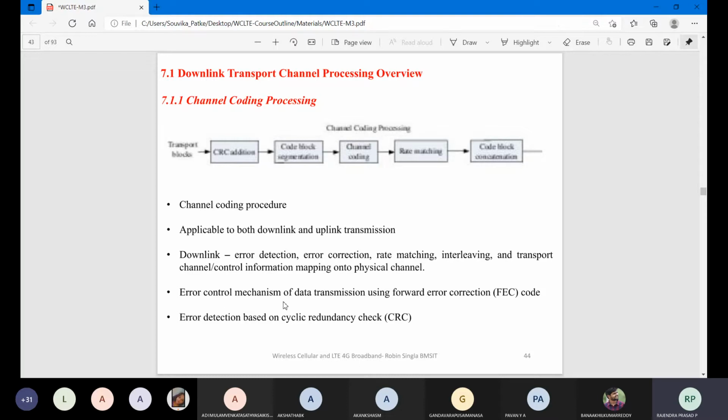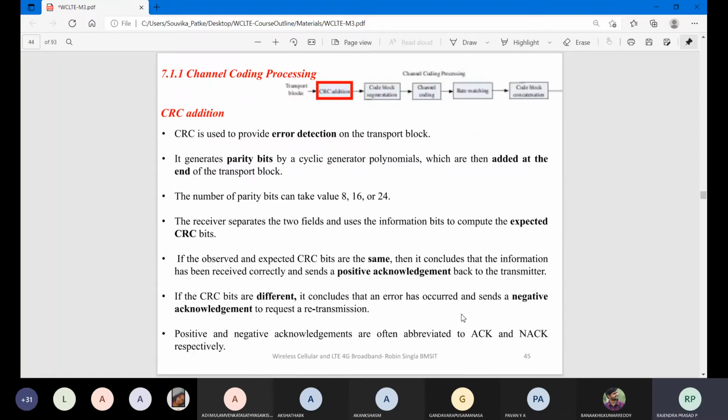Right? Error control mechanism of data transmission using forward error correction, FEC code. Then error detection based on the cyclic redundancy check, which we call CRC. So what are these 5 parts? Again, the channel coding processing we need to learn and discuss. The first part is CRC addition.